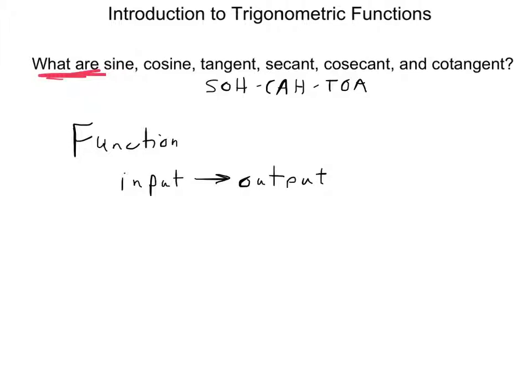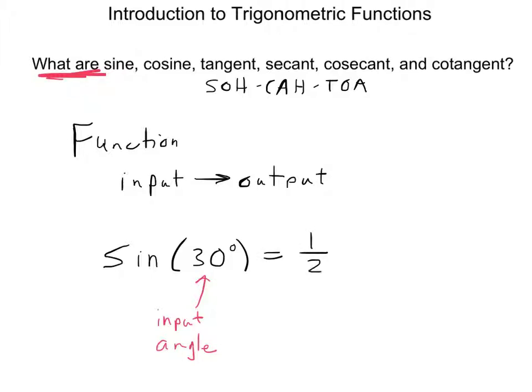So, suppose I asked you the question, what is the sine of 30 degrees? Even that's telling. You'll notice that the thing that you are putting in to sine, the input of sine, is an angle. And the sine of 30 degrees, it turns out, is actually a nice number: exactly 1/2.